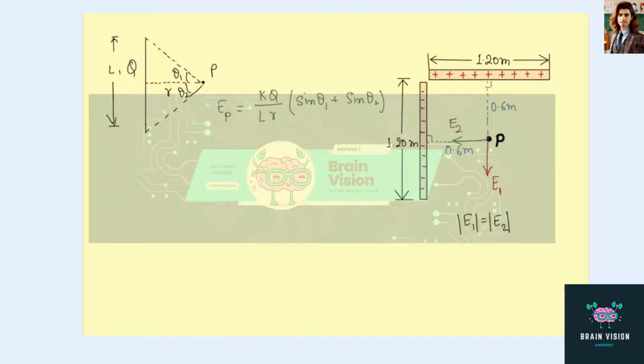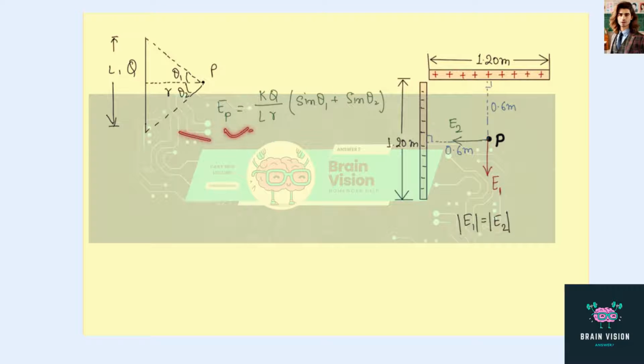Here, K is Coulomb's constant, Q is the charge distributed over the length, L is the length of the rod, and small r is the perpendicular distance of the point from the rod. Theta 1 and theta 2 are the angles made by the end points of the rod with the perpendicular to the rod from the point P. By putting in these constants, we can get the value of the electric field at point P.